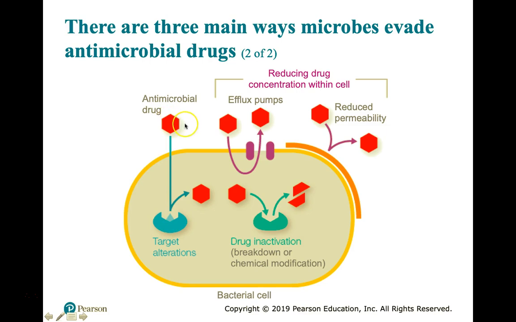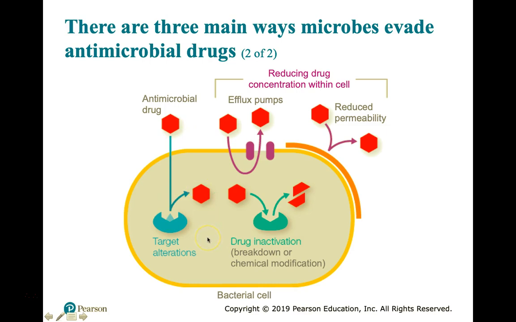Normally it would fit this drug, it would bind to this target site, and the antimicrobial drug would go to work. But notice they developed, right here, this little spike in the middle, a change in the target site, and when this antimicrobial comes to bind, it bounces off that middle spike because it can no longer fit.